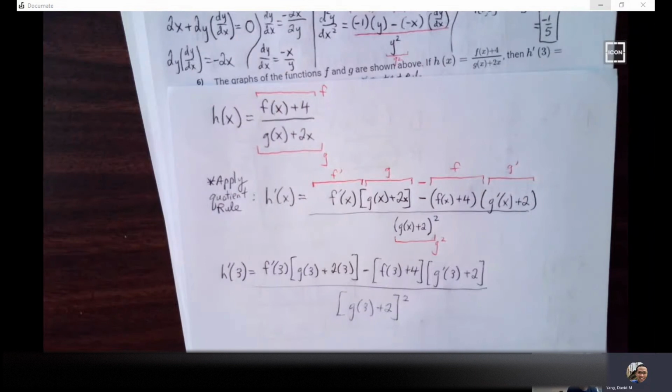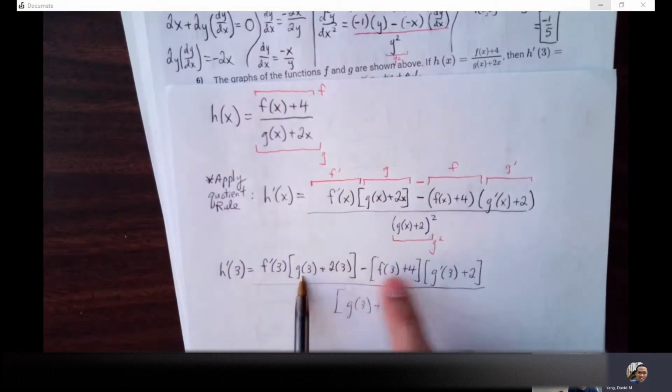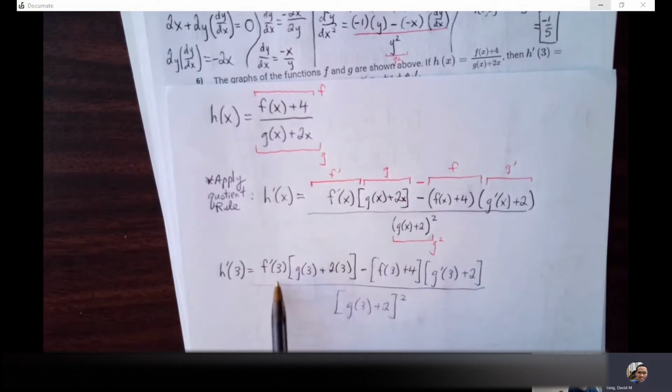We need to rely on our table to help us find our replacement for all these values that are stuck in function notation.